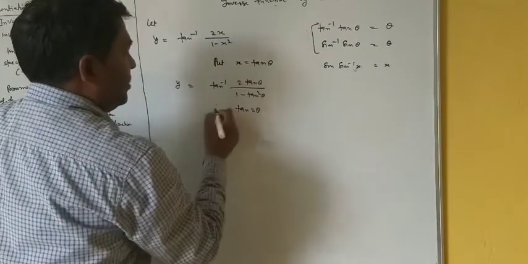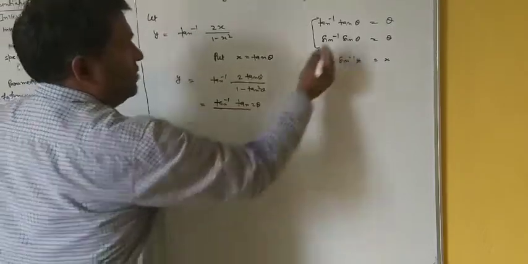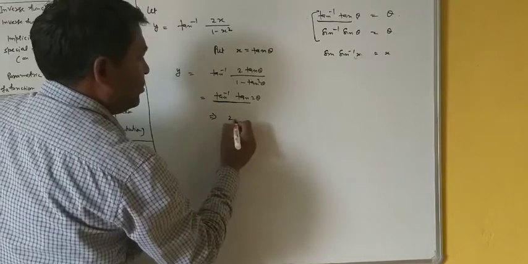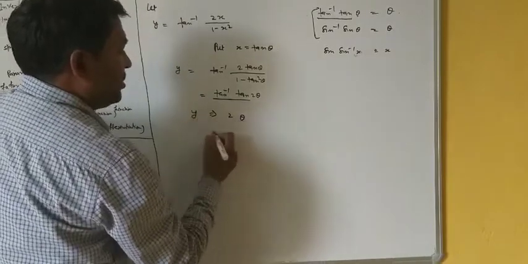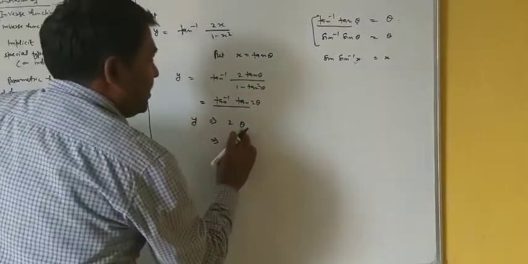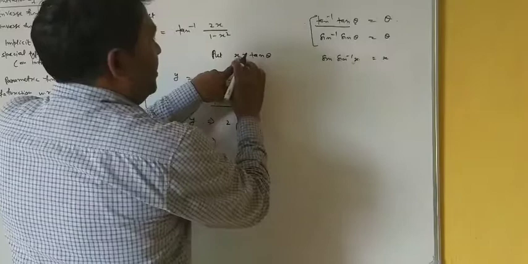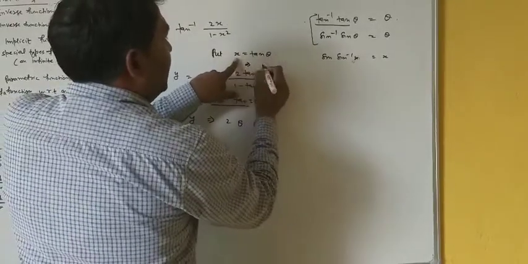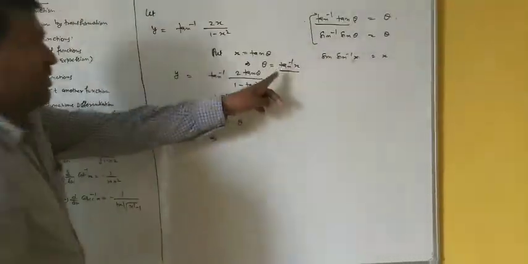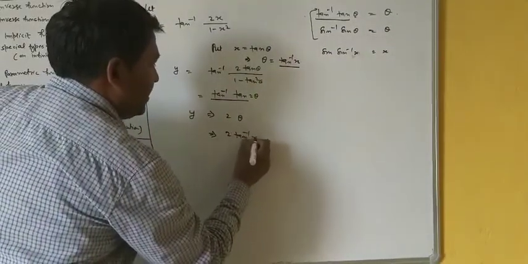So tan inverse tan 2 theta. Now tan inverse tan will give you theta only, so it will become 2 theta. Now y is 2 theta. But you have to find dy by dx. Therefore, converting this theta again in terms of x. From here, if x is tan theta, it implies that theta is equal to tan inverse x. So at the place of theta, replacing tan inverse x, we get 2 tan inverse x.